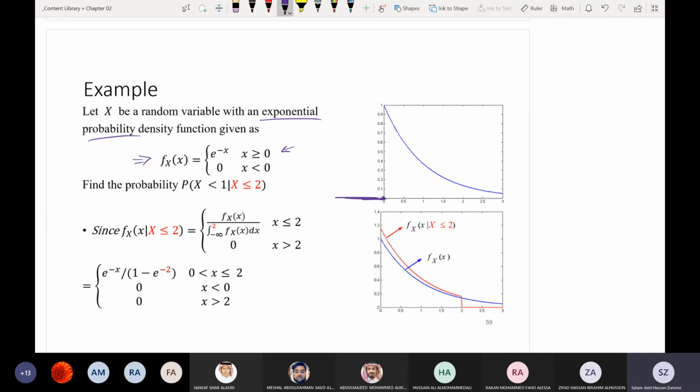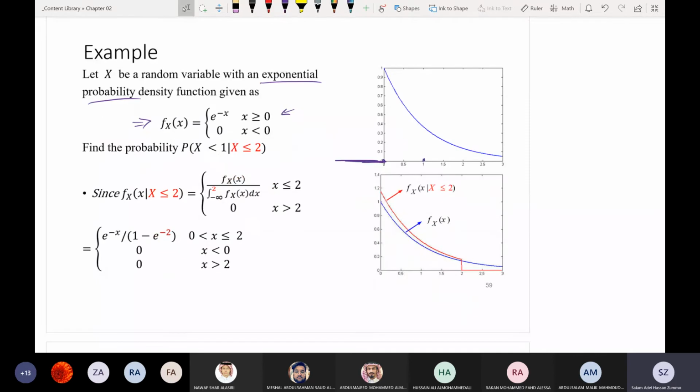So what is the average? ال b value لو تتذكروها كم هنا؟ 1 كانت. If we substitute the density فوق اللي درسناها with b equal 1, you get basically this function. So this is the average value, b equal 1. طيب. Now the question would be, find the probability that x less than 1 given x less than or equal to 2.